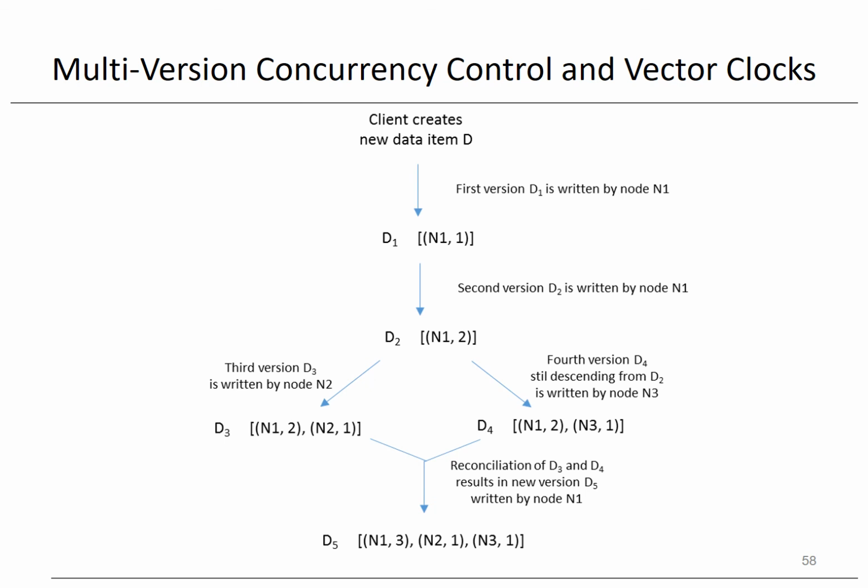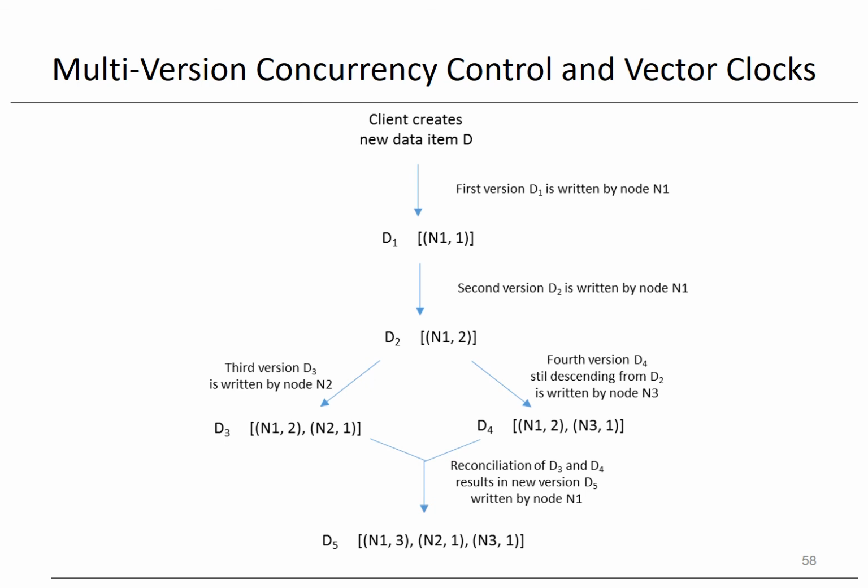Note that D2 can be garbage collected because it is superseded by both D3 and D4 and is also represented in the respective vector clocks. However, both D3 and D4 need to be retained. Although they have a common ancestor in D2, they do not descend from one another, and both D3 and D4 contain updates that are not reflected in the other. This is also represented in their vector clocks.